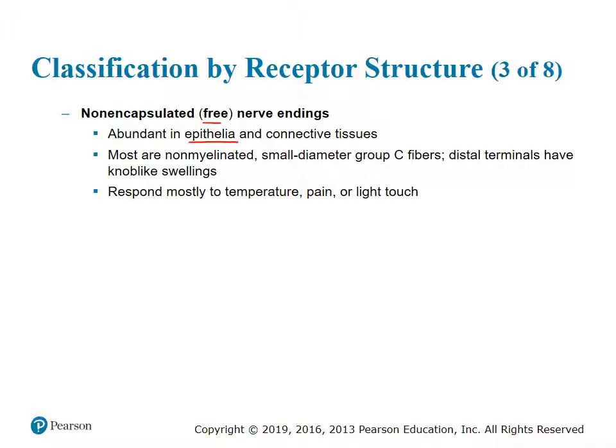You find those in the epithelial tissue and connective tissue. They're non-myelinated, small diameter group C fibers. Temperature, pain, light touch are usually non-encapsulated or free nerve endings.